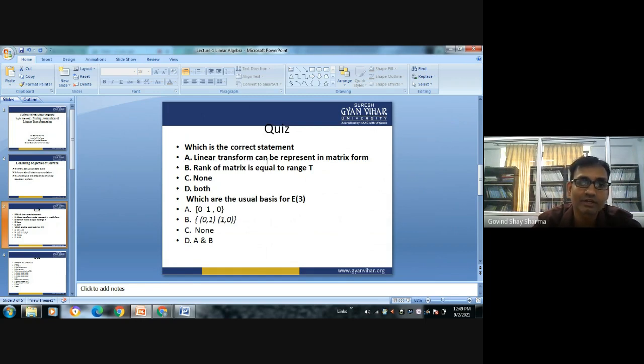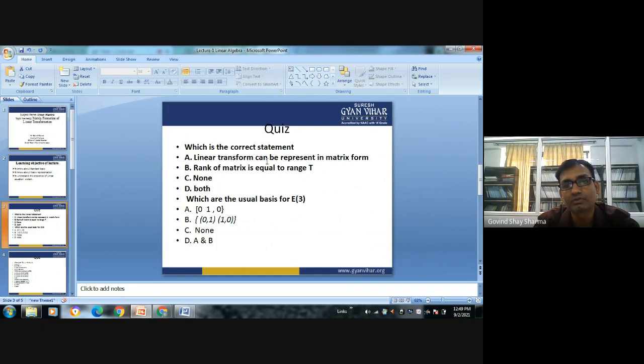So A is the right option. Rank of matrix equal to the range of T. Range of T means if we remove the dimension of kernel, then we get the range of T. So A and B both are right options. So D option is the right one, that A and B both are right.